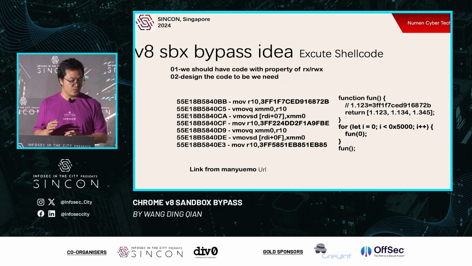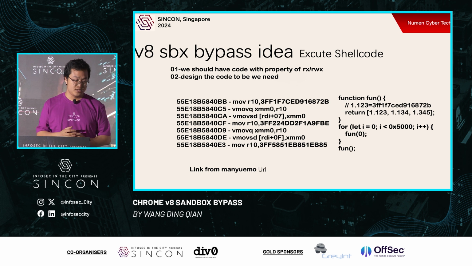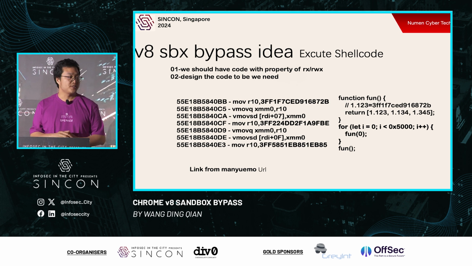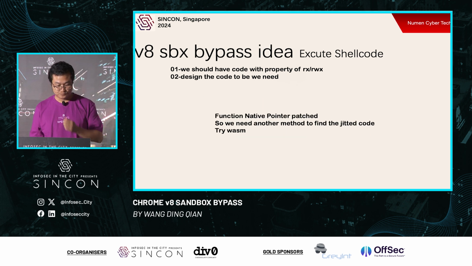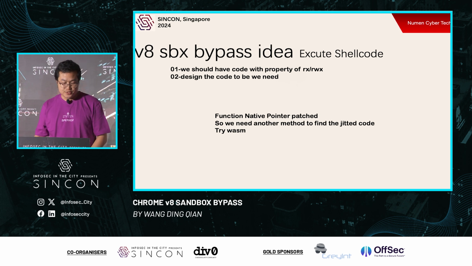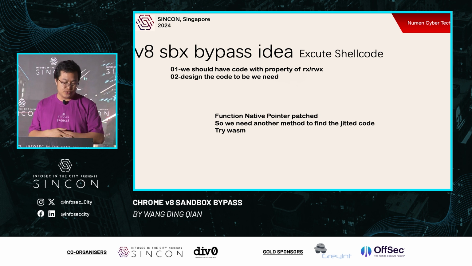It has no execute permission. It can only be read and written. There is no execute permission. So the function native pointer was patched. We need another method to find the JIT code.